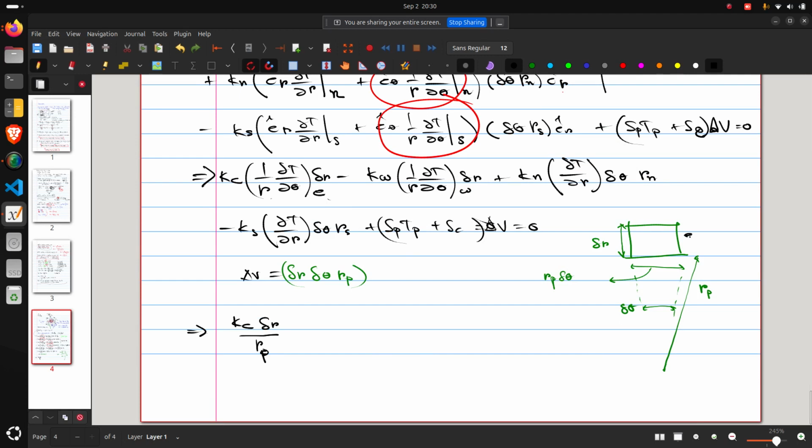So this is the east face, and the radius here will also be rp, so that is why it is rp. And we have dou t dou theta, which is nothing but t east minus tp divided by del theta east, right, minus kw.